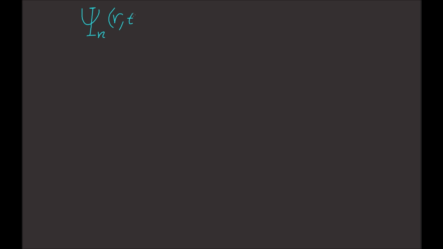This is the wave function. It's both in position and time, and is equal to some other wave function psi we don't know, that is only in position, times the time part of it, and the time part of it is e to the minus i E sub n times time divided by h bar.